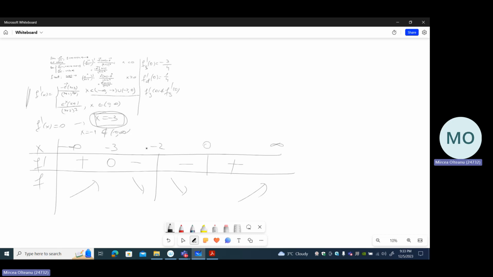We need now to compute the values at minus 3 and at 0. Anyway, we can answer from now that x equals minus 3 is a local maximum, while x equals 0 is a local minimum. So we know the local extrema and their nature. Of course, if we compute the limits and so on, we can sketch the graph, but the question was just to compute the local extrema. Okay, thank you.